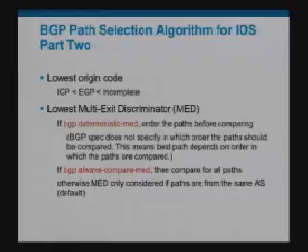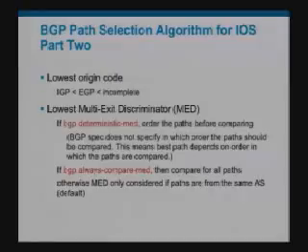After that, we compare MED. By default, we compare MED if paths are from the same AS. If paths are not from the same AS, we move on. But many years ago, big ISPs who have multiple links to each other said, we always want to be able to compare MEDs, no matter which AS they've come from.